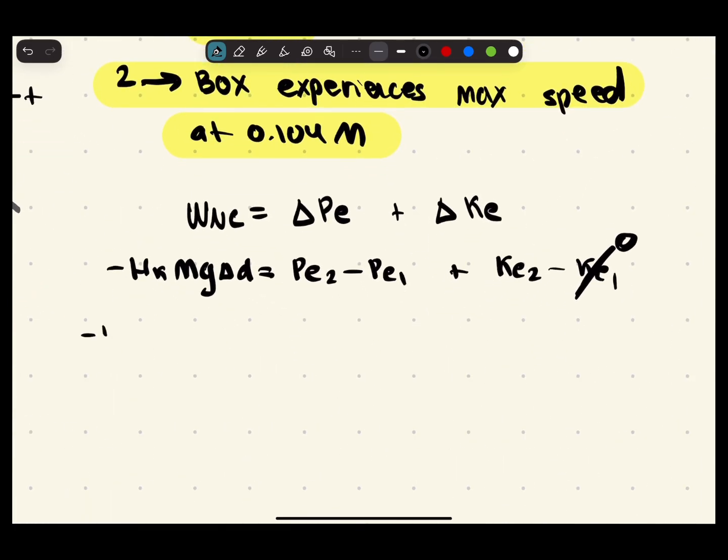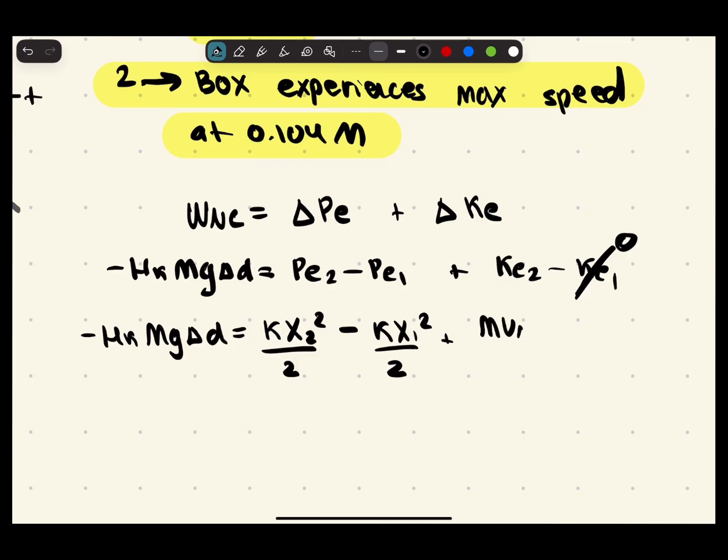So we can rewrite this equation again and put in some more variables. Potential energy at 2 would be k times x at 2 squared, minus k times x at 1 squared, plus m v max squared over 2.